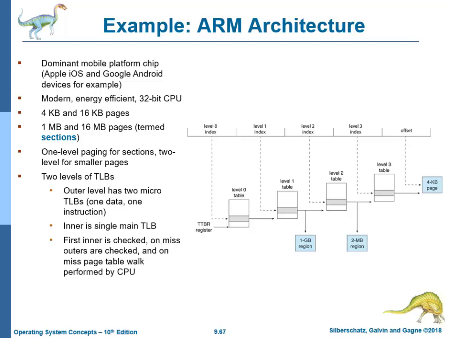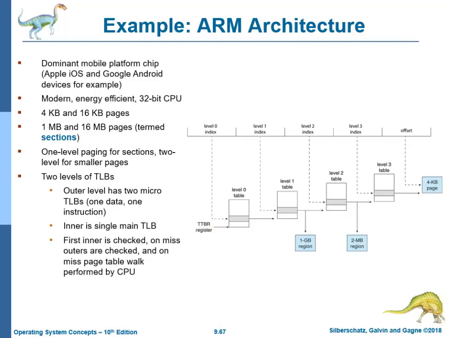The 4-level hierarchical paging structure for the 4 KB translation granule is illustrated in this figure. The TTBR register is the translation table base register and points to the level 0 table for the current thread.